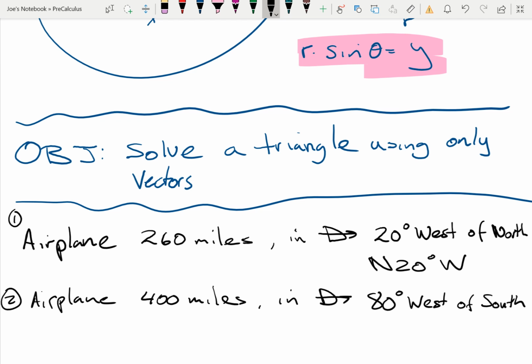However it's written, sometimes I might say 100 degrees clockwise from north. You just have to be able to read it and draw it out.